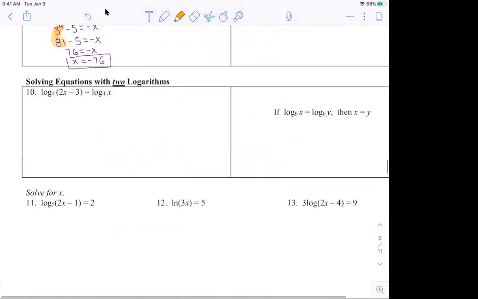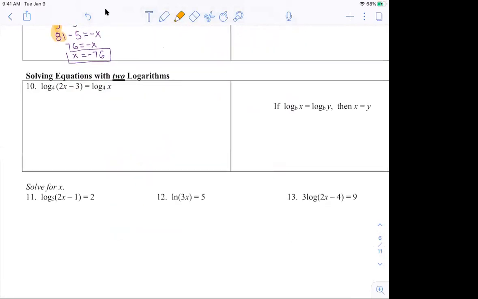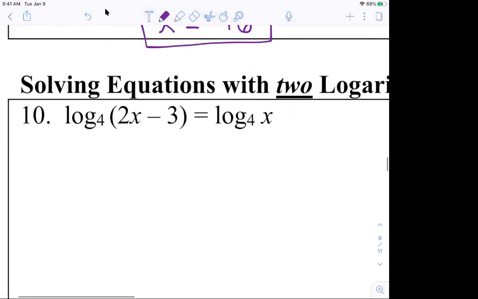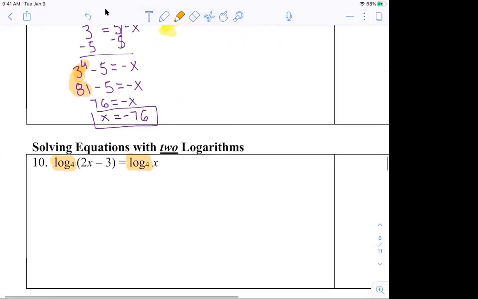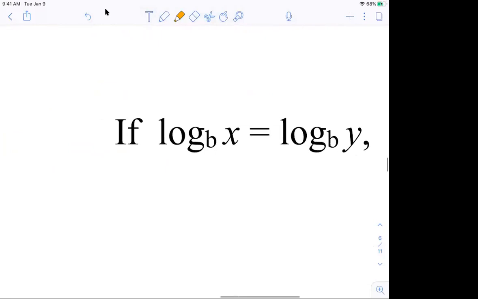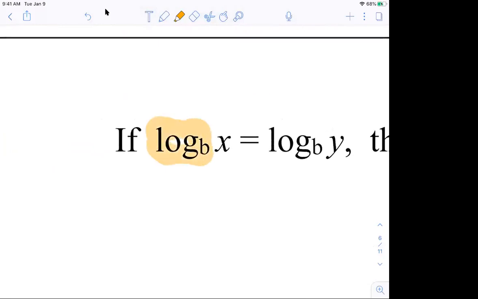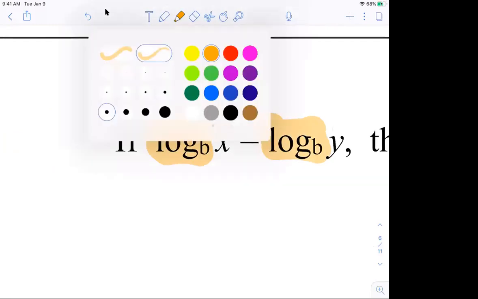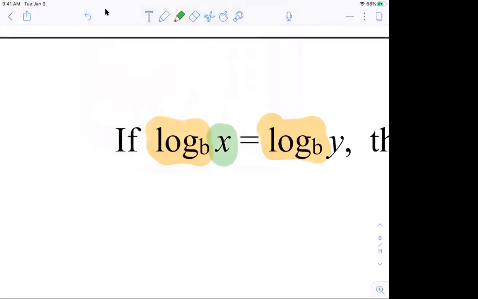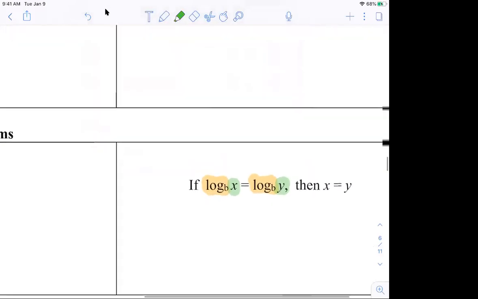Okay, so the other type of problem is a little bit easier even. Notice how when we're in log form, log base 4 and log base 4 are exactly the same here. There's a rule that says whenever the two logs are exactly the same, when there's only one log on each side, there's nothing else fancy going on, then x is going to equal y.